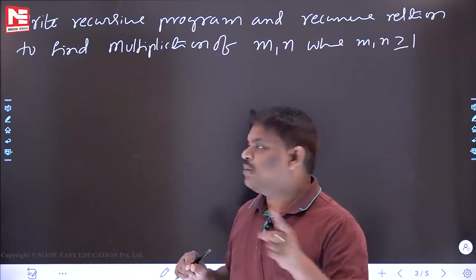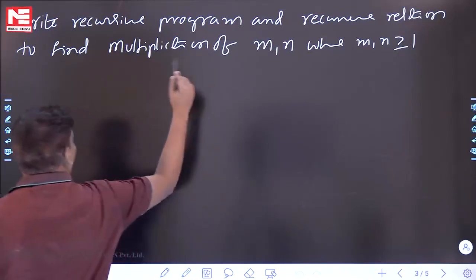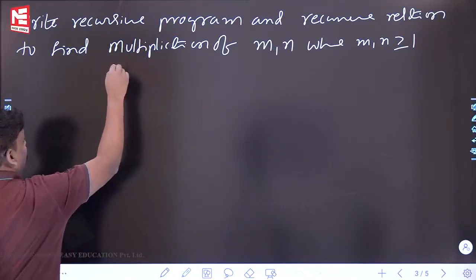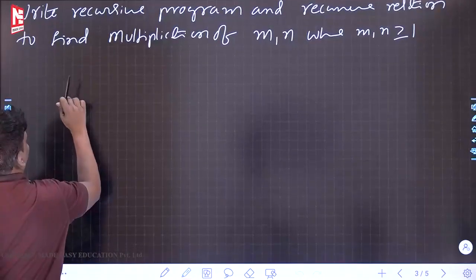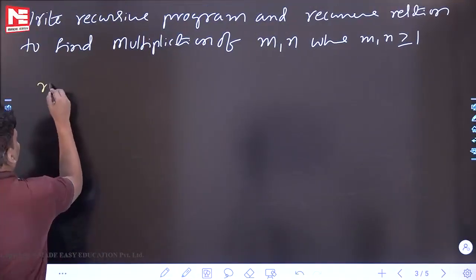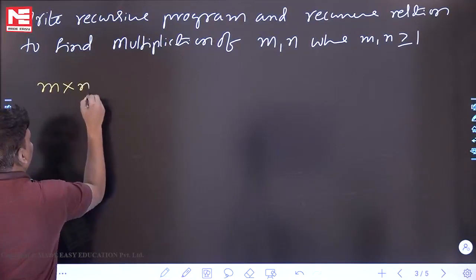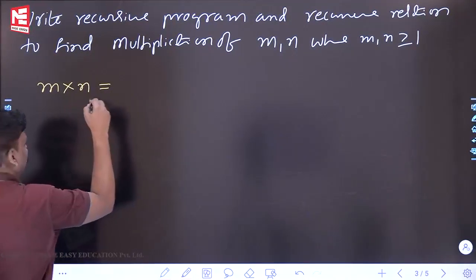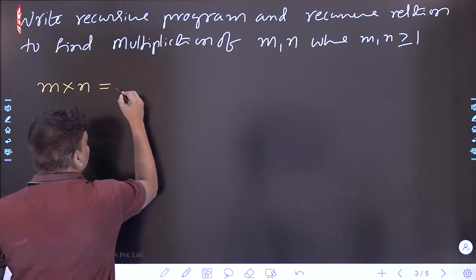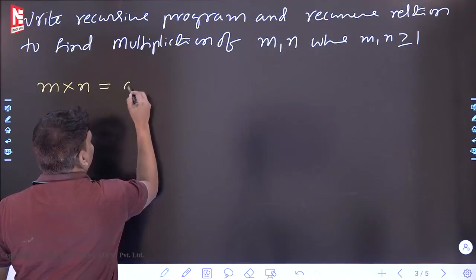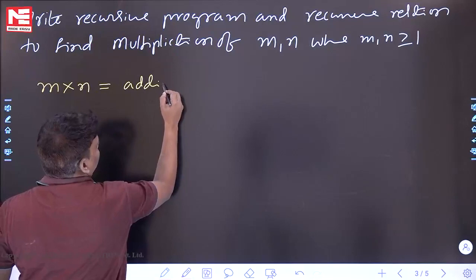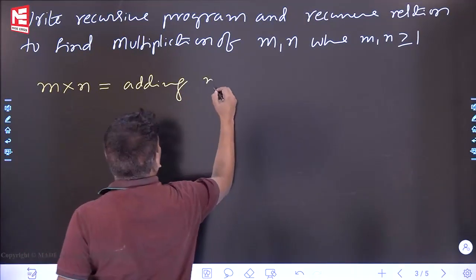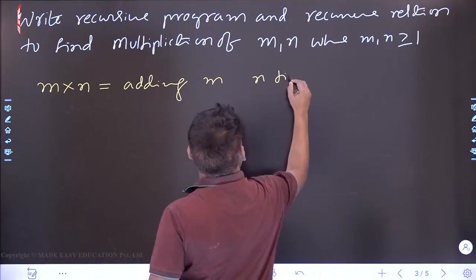Please be careful. I am starting now. To do multiplication of m comma n, I am writing a recursive program. See one of the logics. This is the logic I am implementing. What is that logic? M into n, which is equal to, see the logic now, adding m, n times.